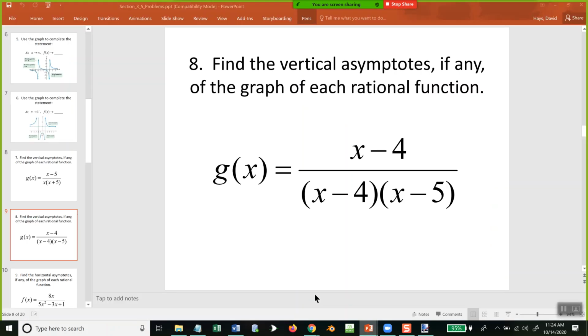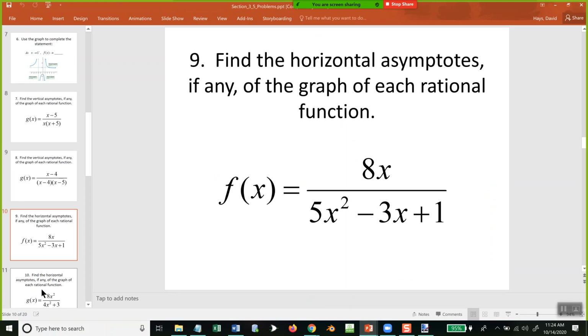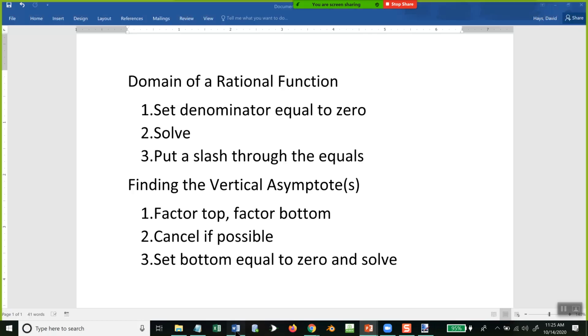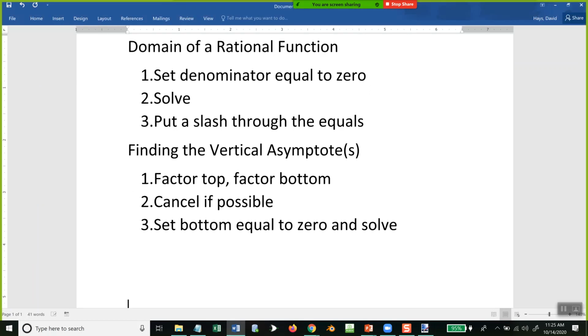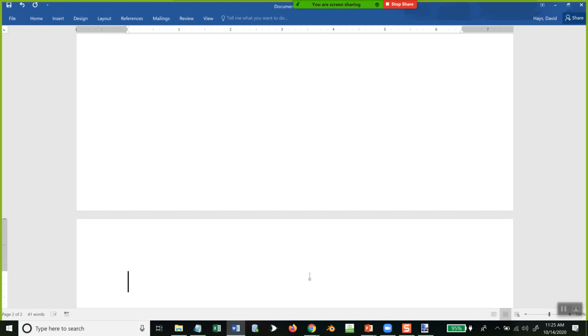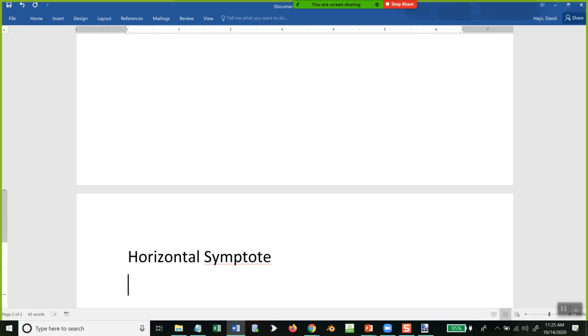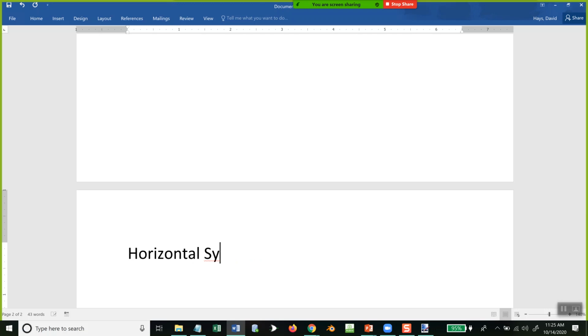Now, next topic is horizontal asymptotes, horizontal, side to side. Now, remember the fractions, you have a top and bottom, numerator, denominator.